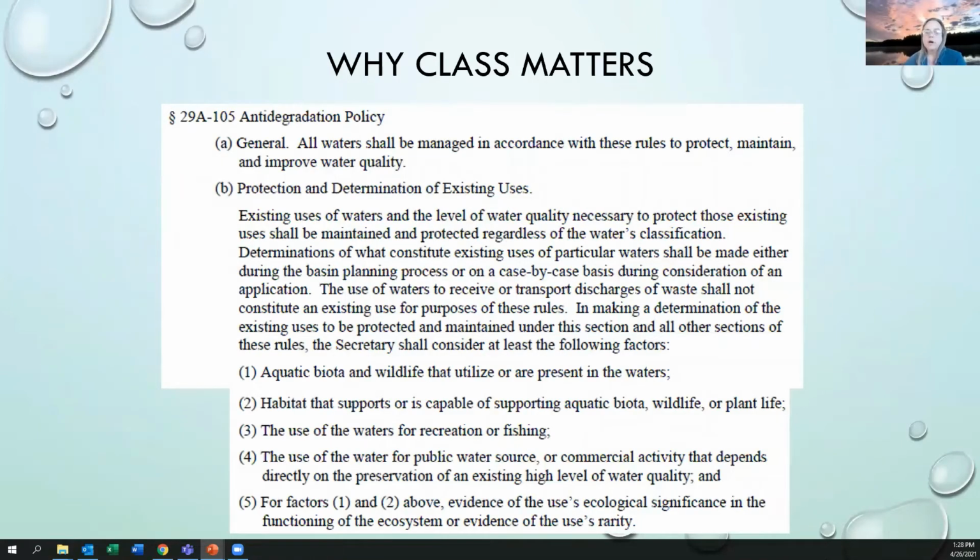And why this matters, what it is that we want to do with reclassification, is all based on what's called our anti-degradation policy, which basically says that you've got to keep the good waters good. The existing uses, those that have happened on the river since 1975, the waters and the level of water quality necessary to protect those existing uses shall be maintained and protected regardless of the water's classification.